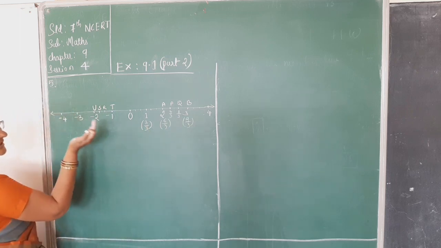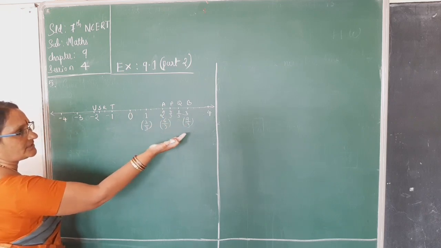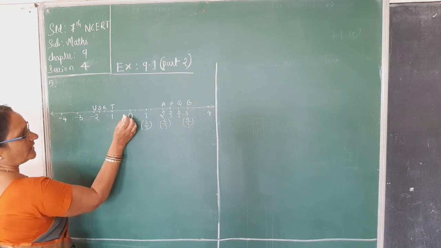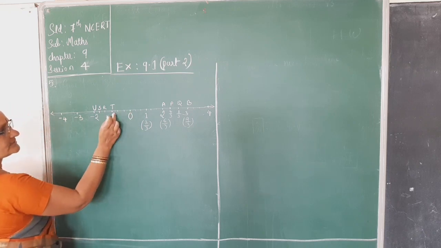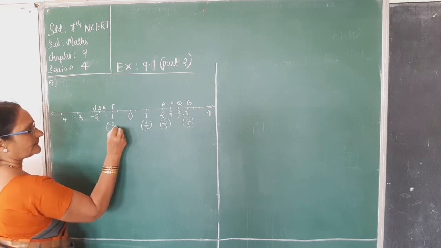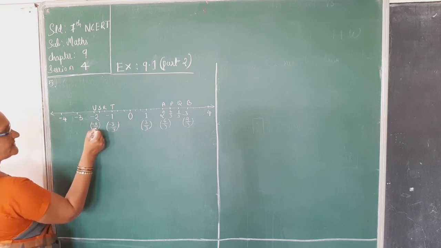The same way we will come to this side also. Whatever is there on the positive side, the same thing will be on the negative side. The same parts will be there. Here 0 to -1 also has 3 parts, 1, 2 and this is 3. If it is -1, this will be -3 by 3, and if it is -2, -6 by 3.